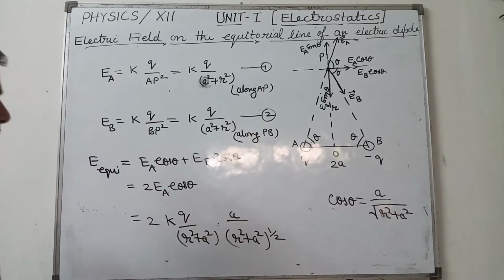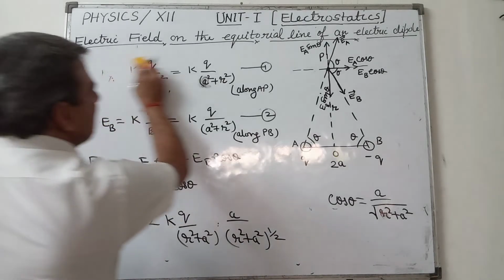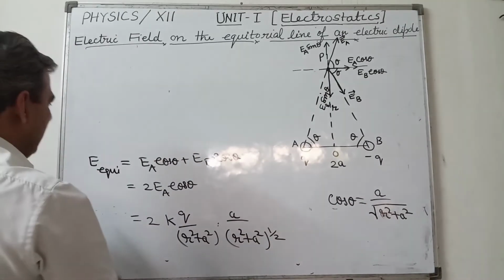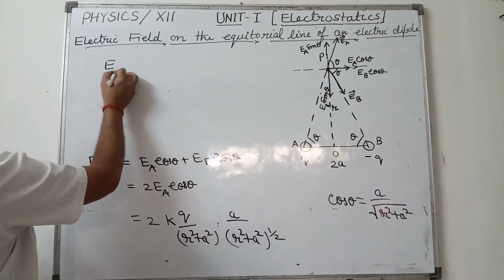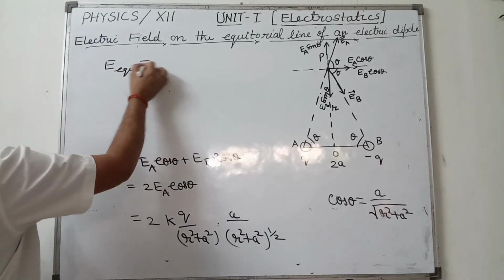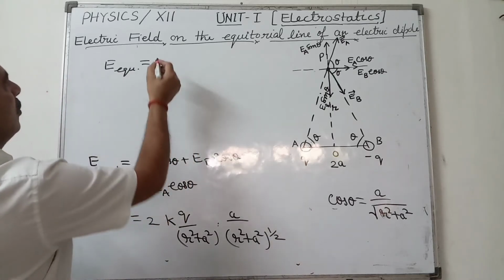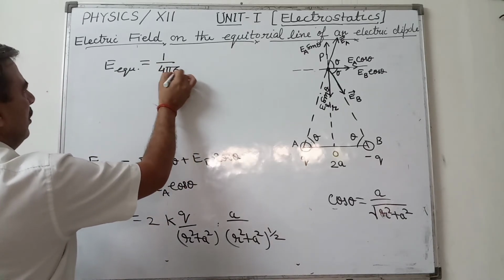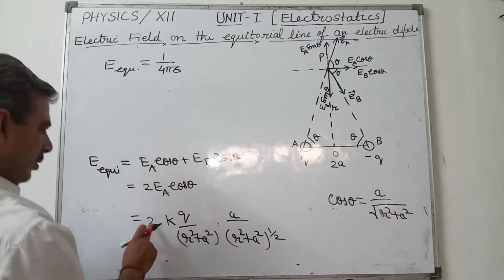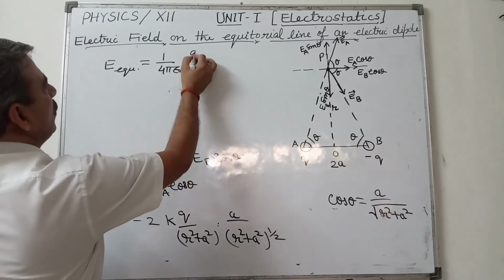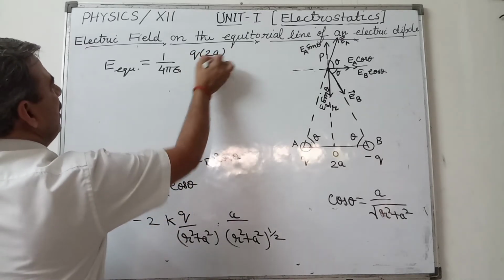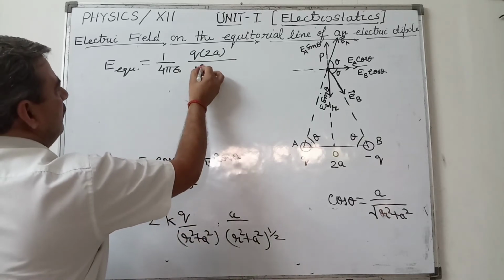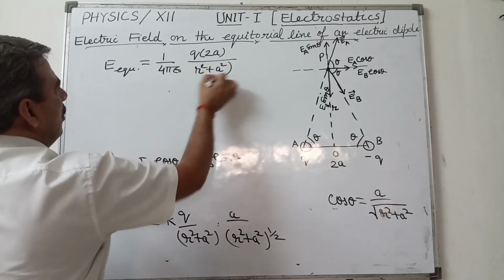Further, if you simplify this, you have E equatorial equals 1 over 4 pi epsilon naught, the value of K, Q into 2A over R square plus A square whole power 3 by 2.